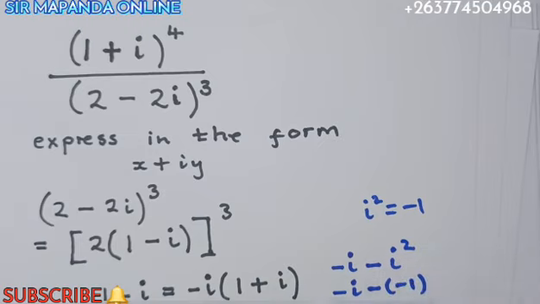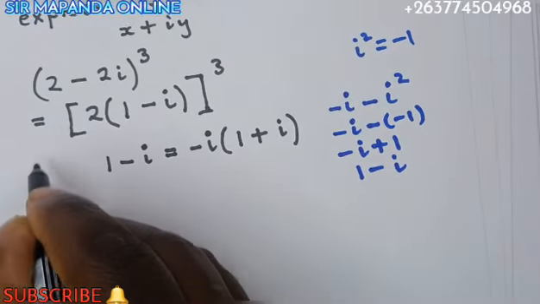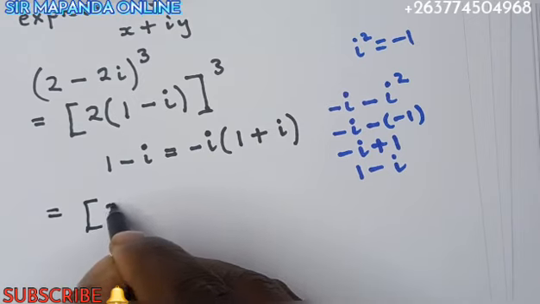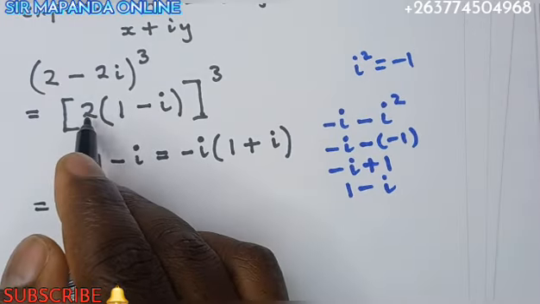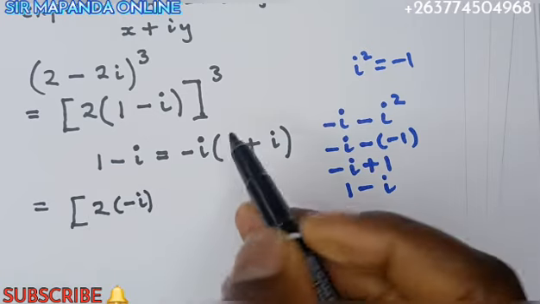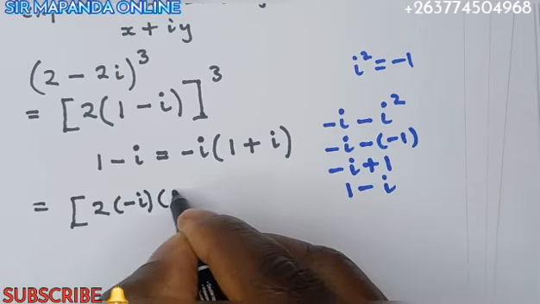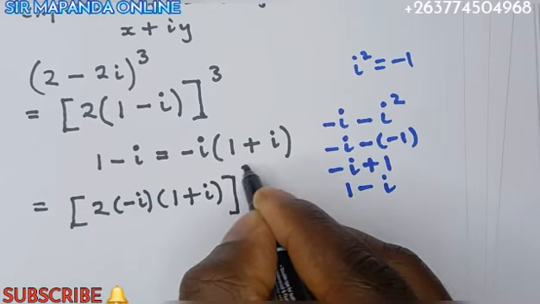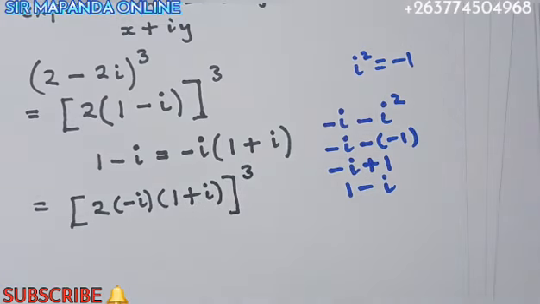So in simple terms, I'm going to proceed by simplifying this big bracket. You write 2 first, then you put open bracket, you put −i, then you put (1 + i), then you raise everything with power 3. I hope you are following.